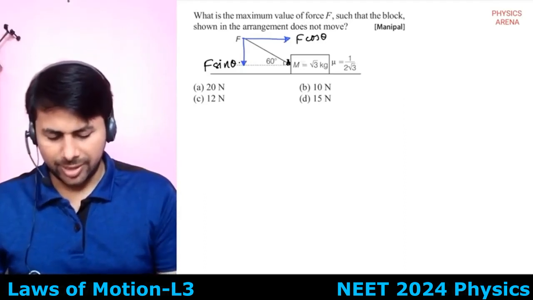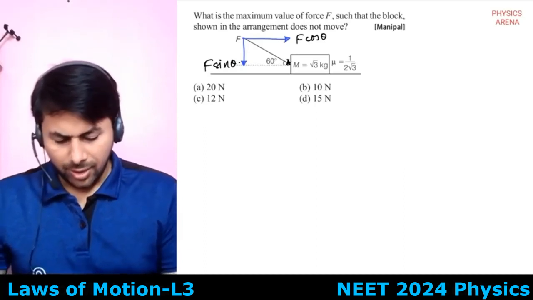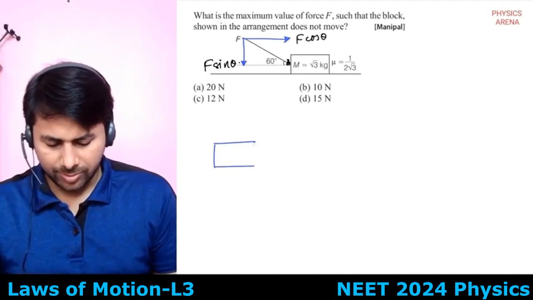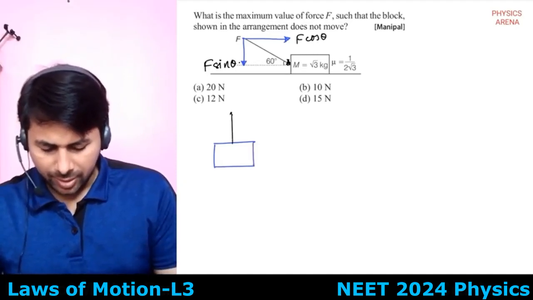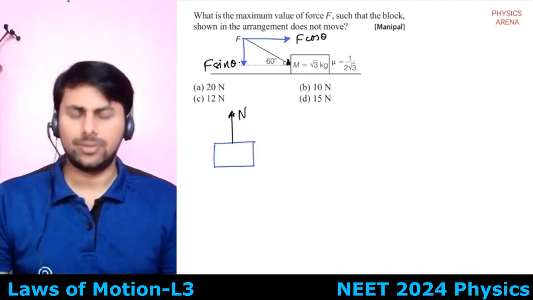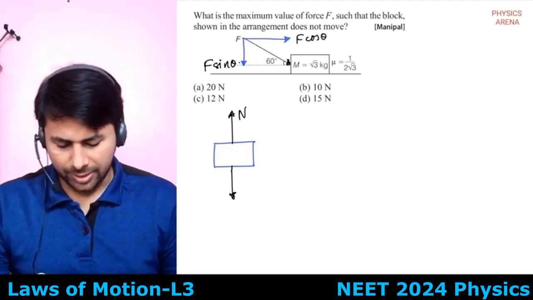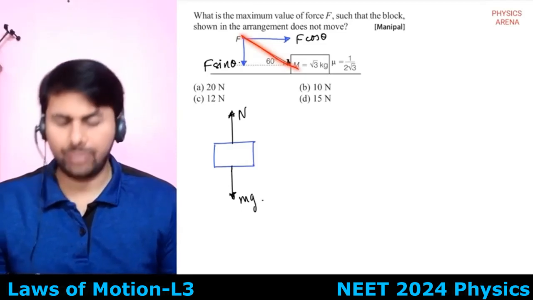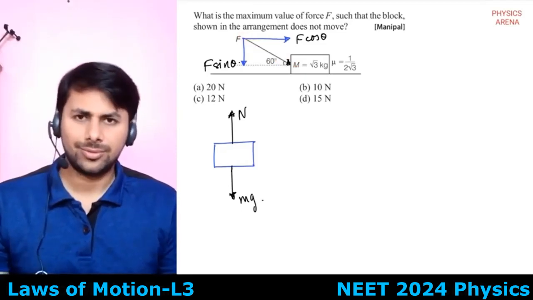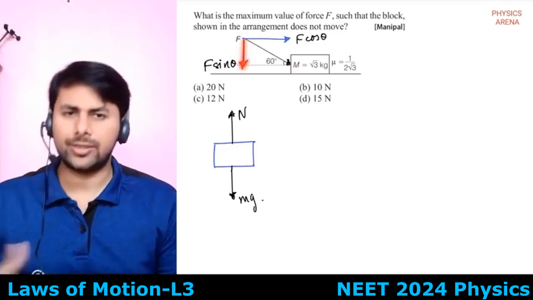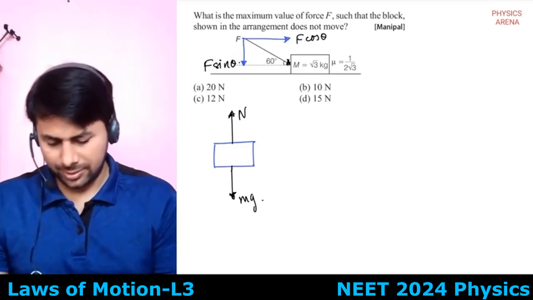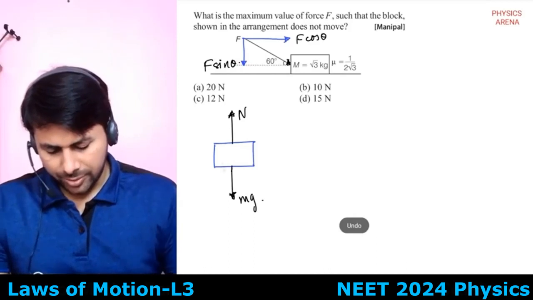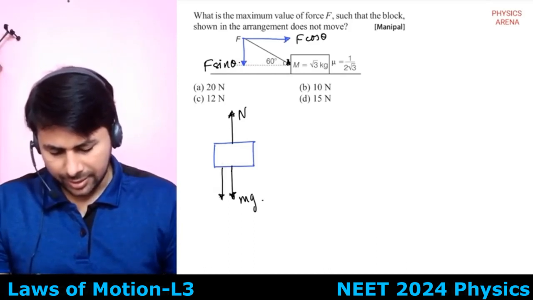See, how do we find the normal reaction? In this case, what are the vertical forces? You have this block. Normal reaction acts upwards, the weight of the block acts downwards, and there is this extra force whose vertical component is acting downwards.